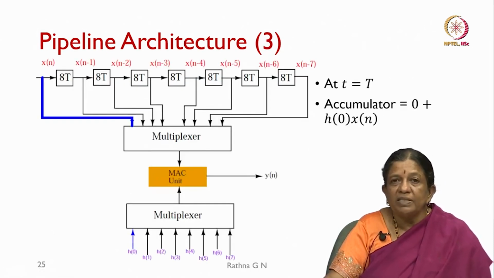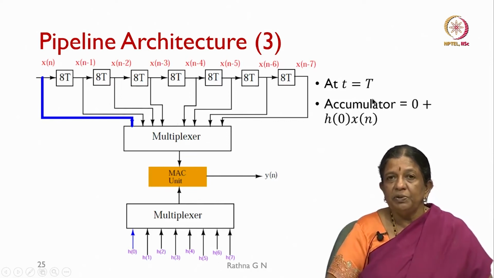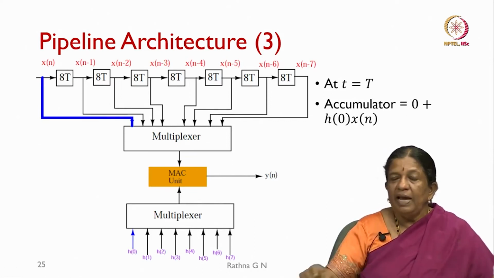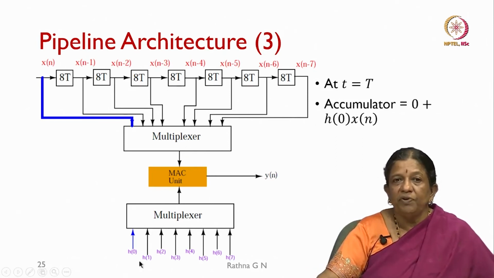In the next clock cycle, at t equal to capital T, the accumulator which was initially 0, now the first sample h of 0 is taken from this multiplexer, and the first sample x of n is taken from this side through the multiplexer to your MAC.